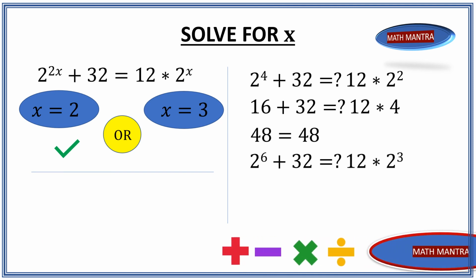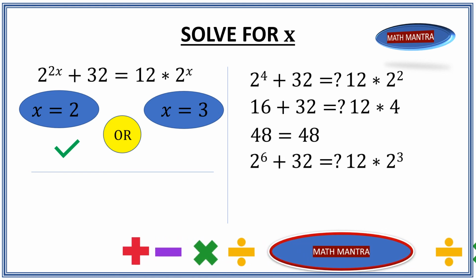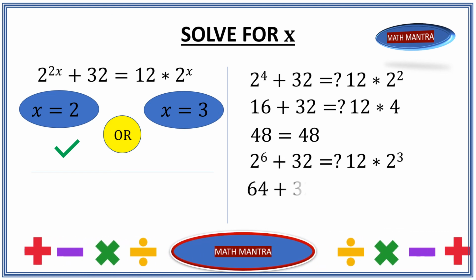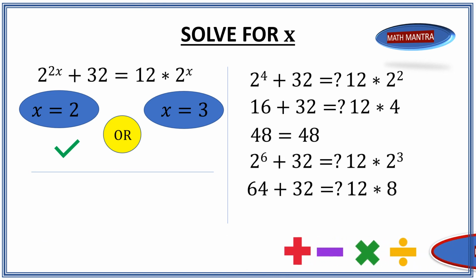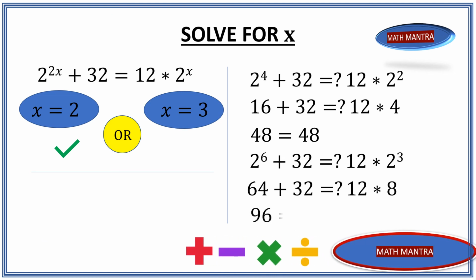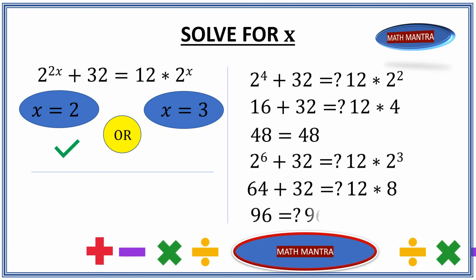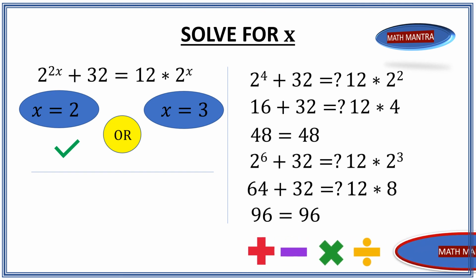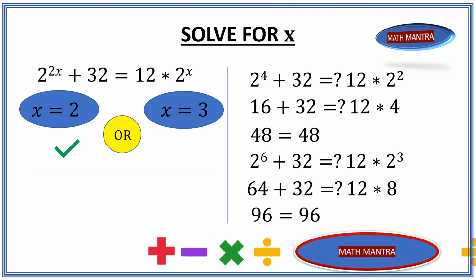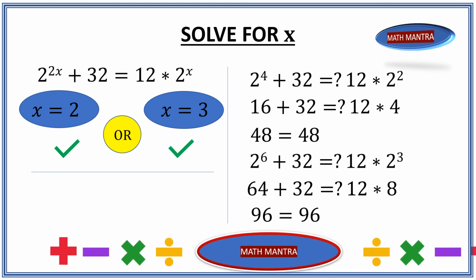So 2 to the power of 6 is 64. So 64 plus 32 is 96. Is that equal to 12 times 8, which is 96? So yeah, 96 is equal to 96. So that also works. So x equals 2 as well as x equals 3, both are correct solutions.